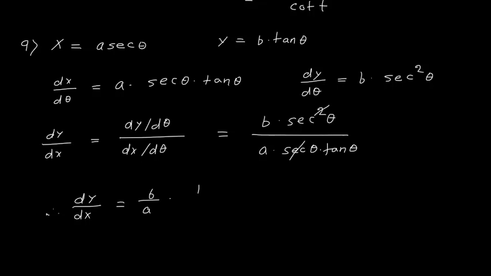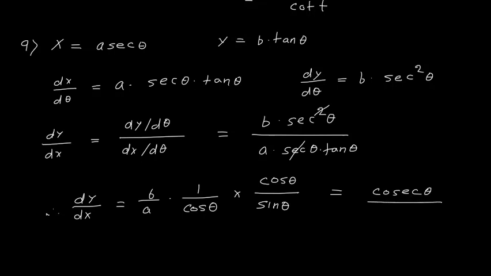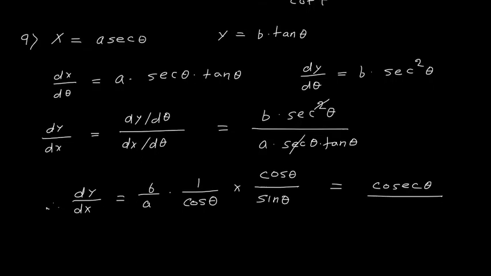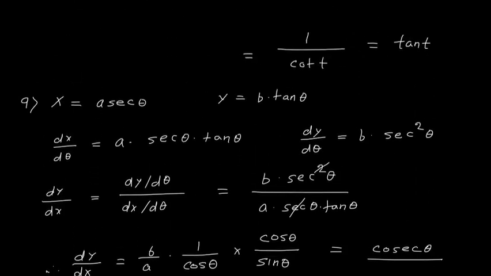So sec theta we will write 1 upon cos theta, into 1 upon tan theta we will write cot theta. Cot theta is cos theta upon sin theta. So cos upon sin will cancel, 1 upon sin, 1 upon sin is cosec theta. So dy upon dx is cosec theta, right?